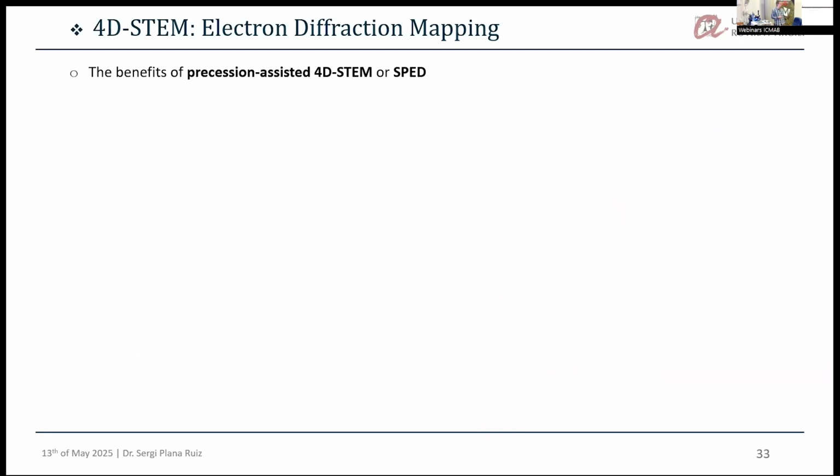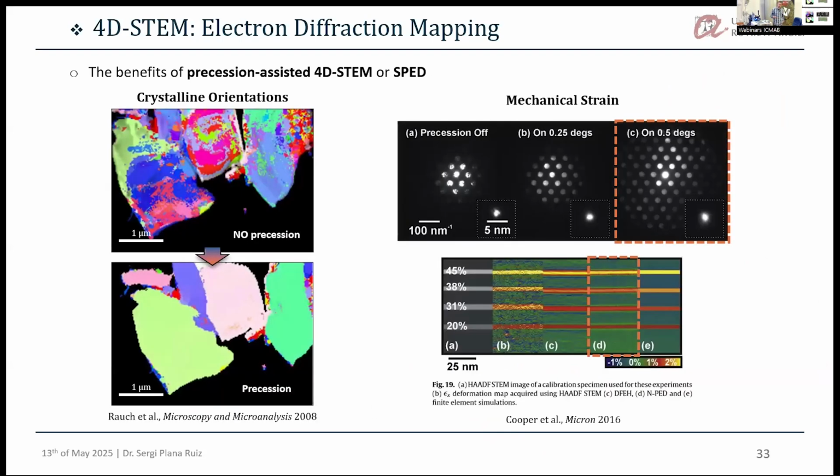Once again, what are the benefits of precession here? Well, we have seen that in some cases, the diffraction patterns are not so nice. Therefore, the template matching algorithm may not work if you have a lot of Kikuchi lines, for example. We can see here that by using precession, the uniformity is much better.